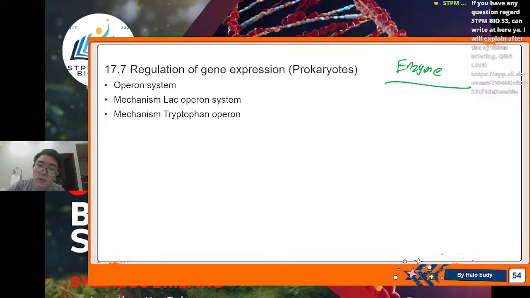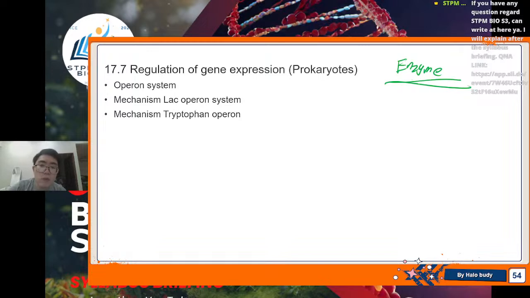So normally not all situations require enzyme. Only certain situations require enzyme or other protein, like antibody. Antibody is also one type of protein, and also other carrier proteins, core protein, like that. So normally in this chapter we use enzyme as the example.